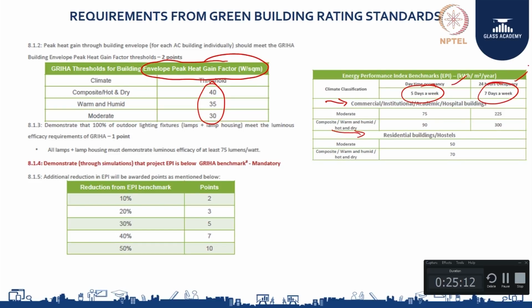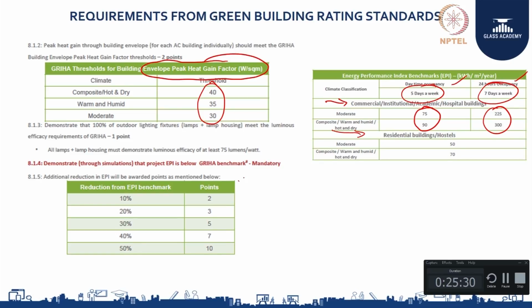So based on these criteria, this is the base EPI that Griha has given. So your design should have lesser than this. When you design the building, it should have lesser than this, then only it can get the rating. So this is a type of requirement that is given in Griha.